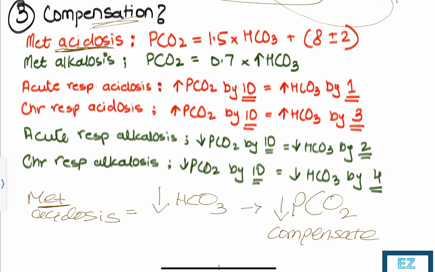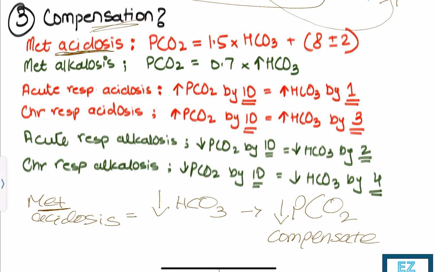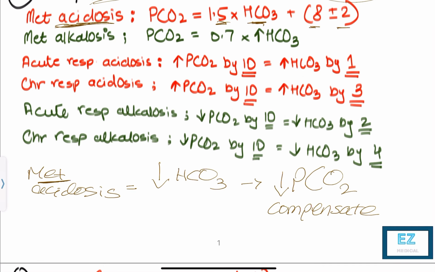So to discern how the compensation occurs, we should do 1.5 multiplied by the bicarb level plus 8, plus or minus 2. And this value will tell you what your PCO2 should be. Very important. What your PCO2 should be.